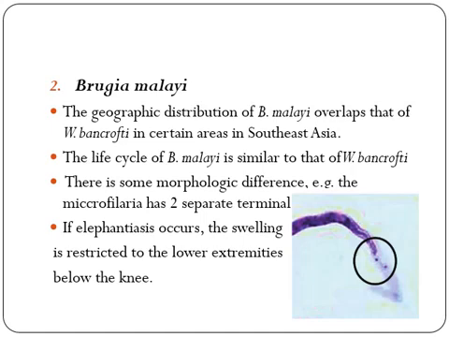Wuchereria bancrofti has elephantiasis extending above the knee and there is scrotal swelling. This never happens for Brugia malayi, which affects only the lower extremities below the knee.